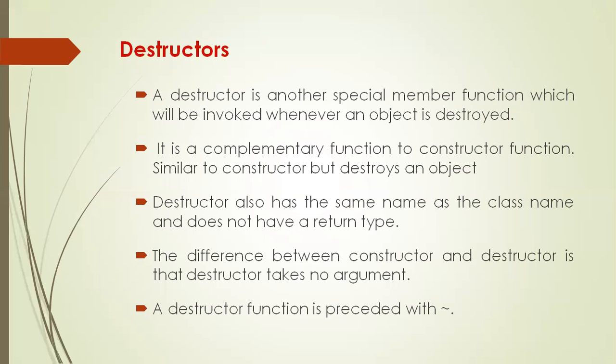To differentiate a constructor from a destructor, before the destructor name you make use of the symbol tilde mark, the wave sign. So when any class name starts with a tilde mark, the compiler considers it as a destructor. Without the tilde mark, it is considered as a constructor.